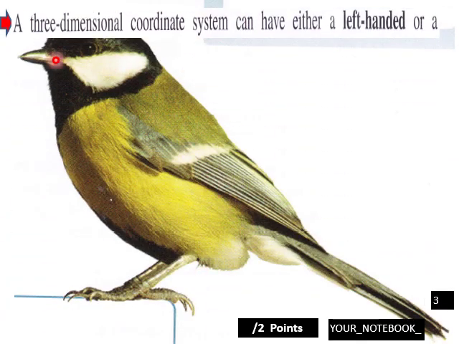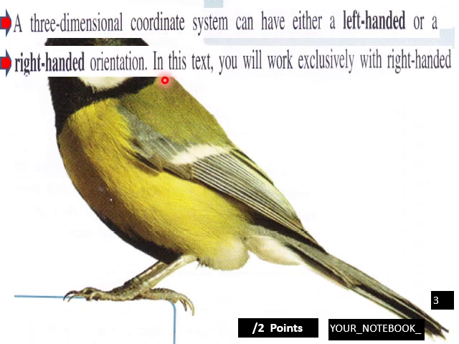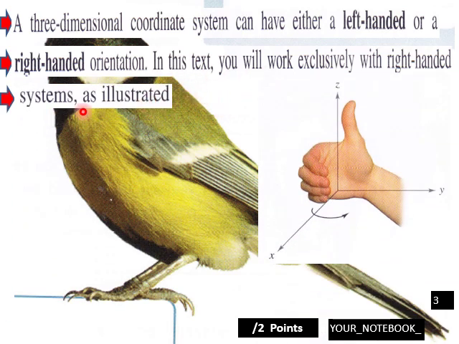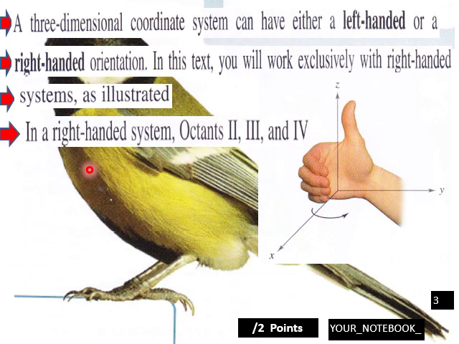Okay, that's good. So a three-dimensional coordinate system can have either a left-handed or a right-handed orientation. In this text, you will work exclusively with right-handed systems. As illustrated, it's called a right-handed orientation where you revolve in a counterclockwise manner like that.